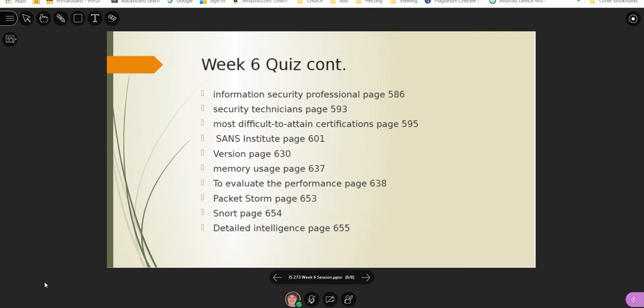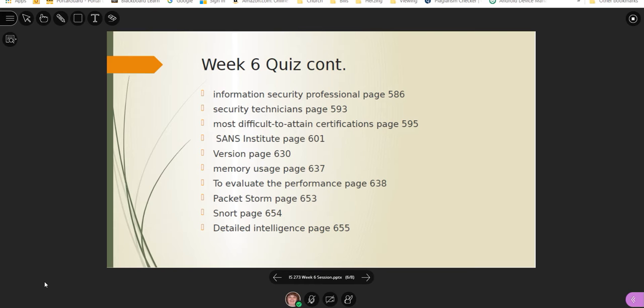Information security professional, page 586. Security technicians, page 593. Most difficult to attain certifications, page 595. SANS Institute, page 601. Version, page 630. Memory usage, page 637. To evaluate the performance, page 638.